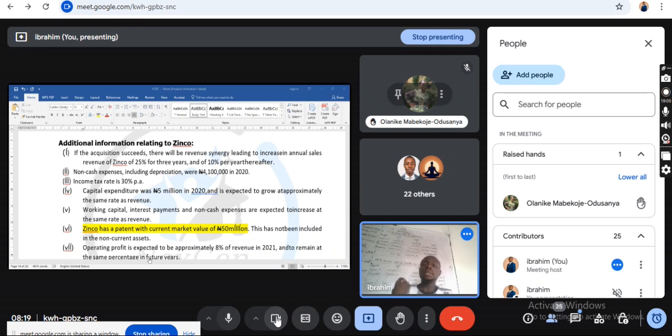I think they gave us 2020 and 2019, is that not so? Now, if you are to forecast for the 3 years, you have 2021, 2022, and 2023.